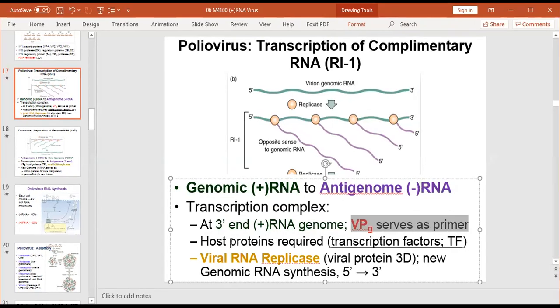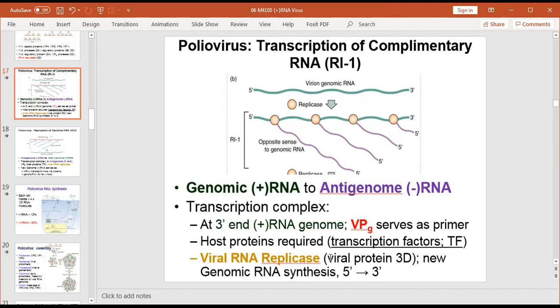Also, some host proteins are required for this transcription to happen. Those are called transcription factors, or TF. These are proteins. We also need an enzyme within the virus called viral RNA replicase.